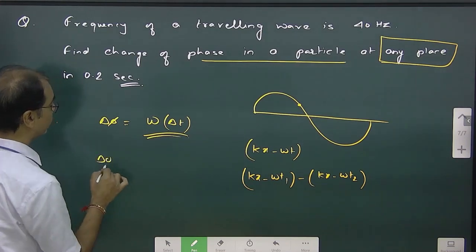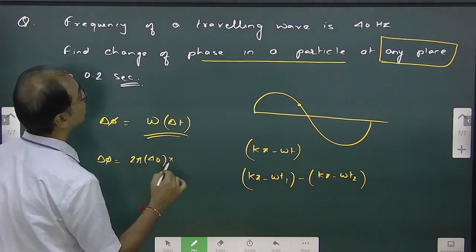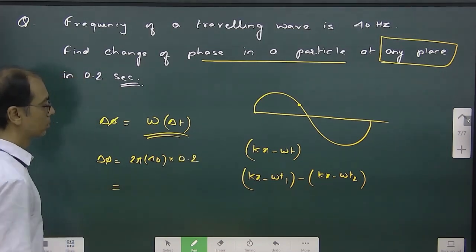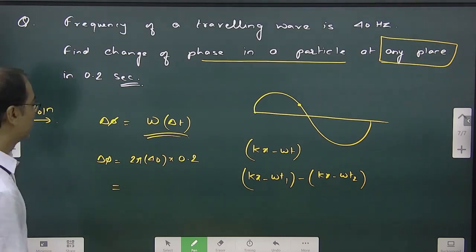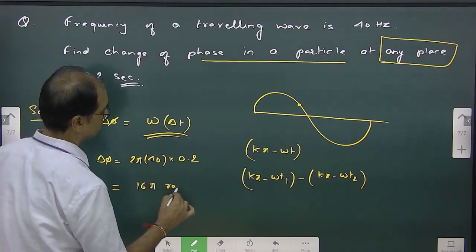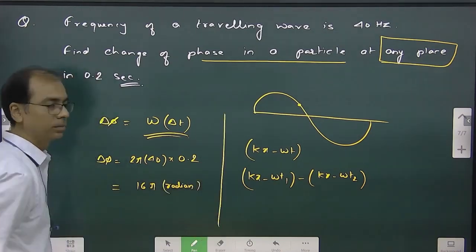So delta phi will be 2 pi into 40 hertz into delta t, which is 0.2. 16 pi is coming. Is it clear?